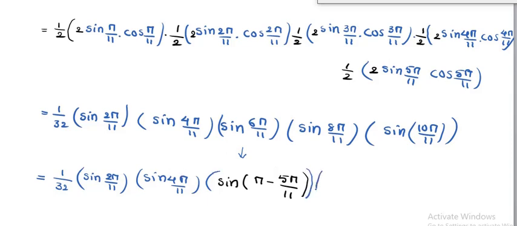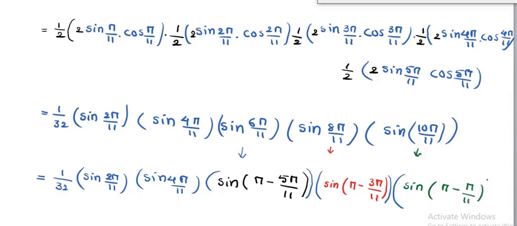Same, sine 8 pi by 11 we write as sine of pi minus 3 pi by 11. Sine 10 pi by 11 we write as pi minus pi by 11.